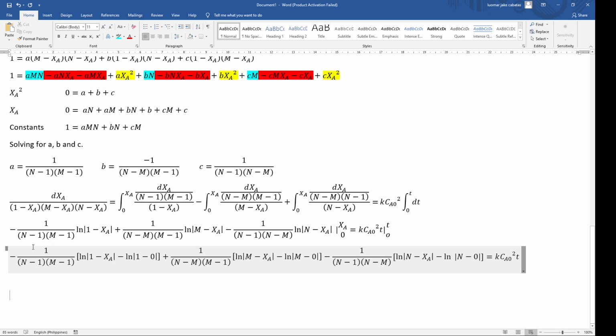So this is now our equation after applying the limits.